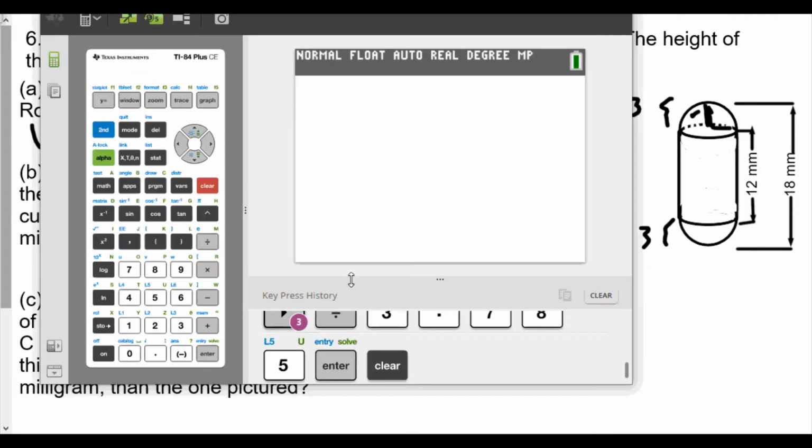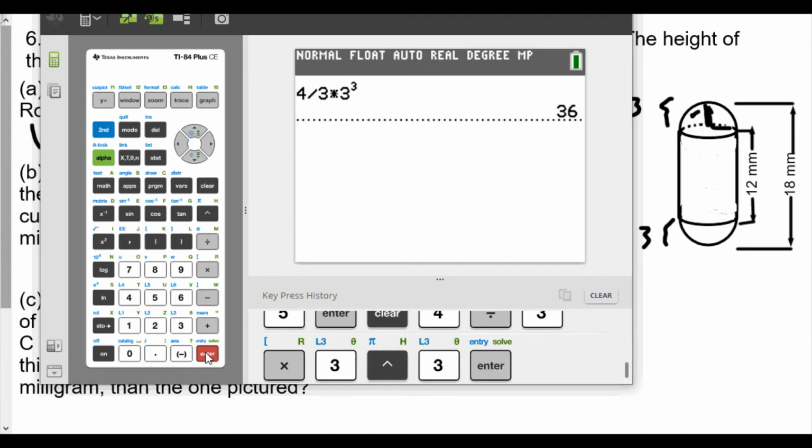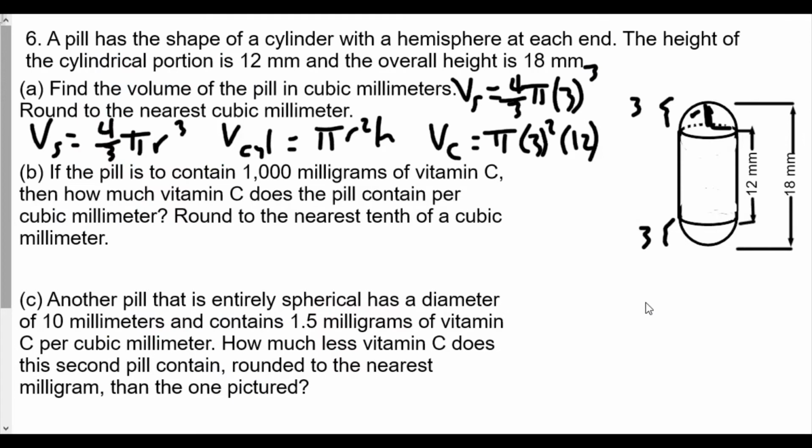We take 4 divided by 3, and multiply that by 3 raised to the third, and we get a total of 36. So the volume of the sphere will be 36 pi.